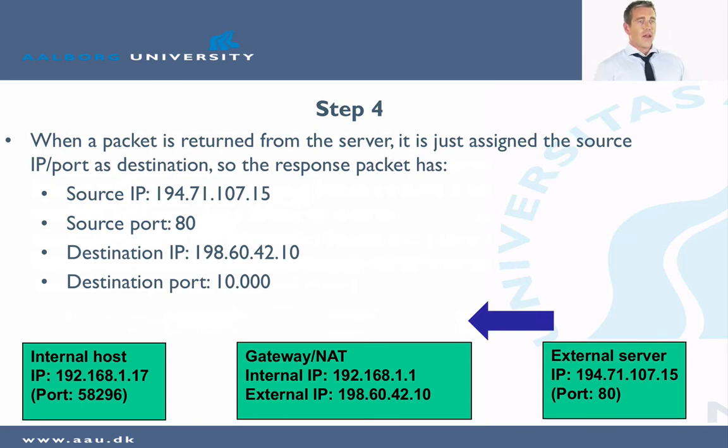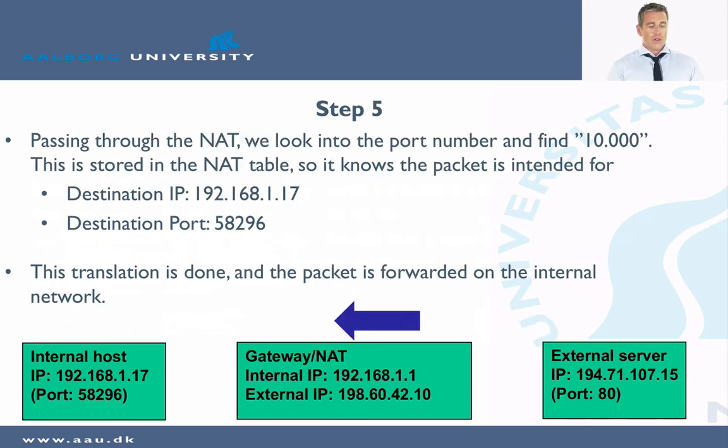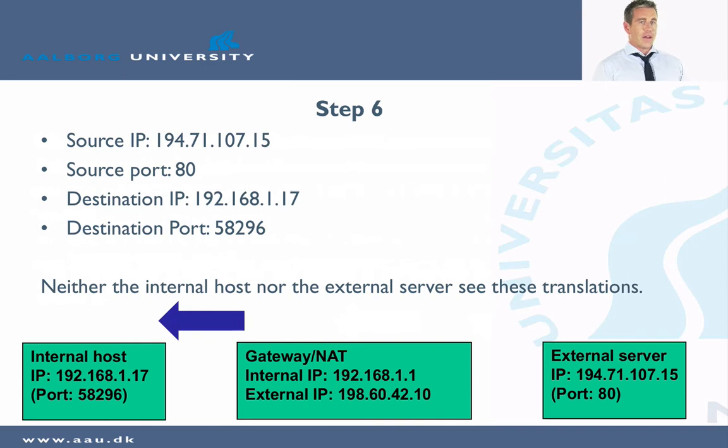As just described, when we arrive at the gateway, we will look into the table and see that 10,000 corresponds to this particular IP address and this particular port number. So we know both the destination IP and the destination port because they were saved in the table. The port was the original source port, and therefore we can send it to the right place. So neither the internal host nor the external server need to see any of these translations. It's only handled by the NAT box.